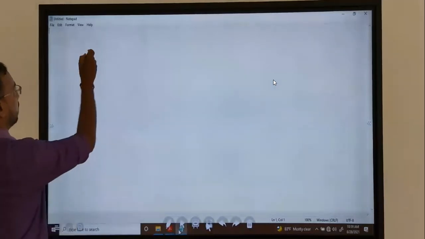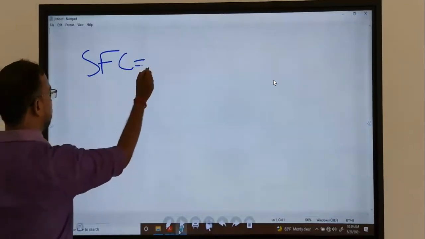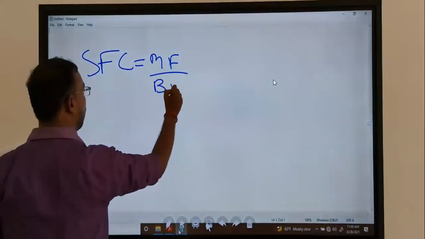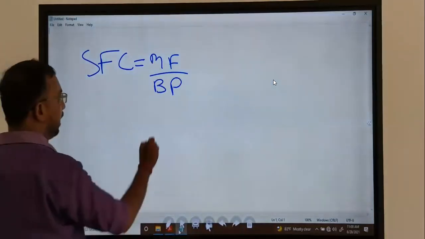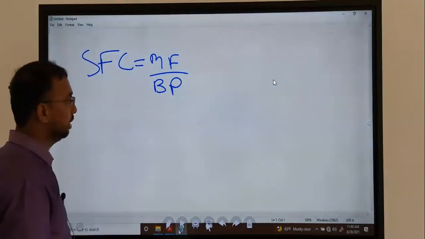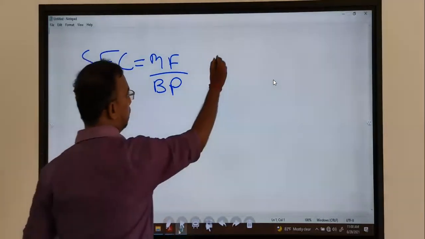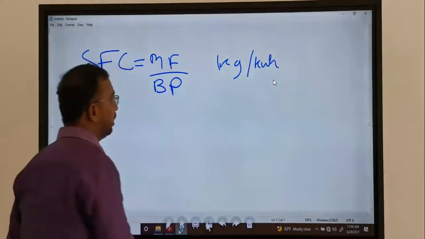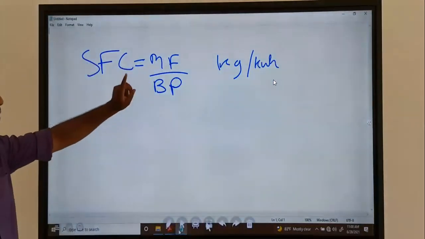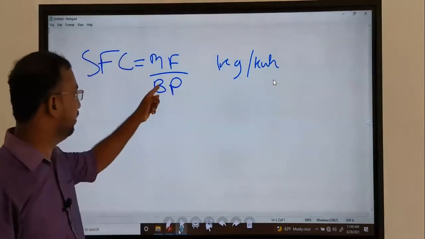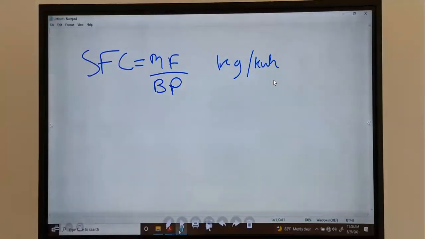The equation is SFC equals mass of fuel over BP. I already told you, the brake power here we have to apply in kilowatts, not watts, so that finally we find SFC in kilogram per kilowatt hour.